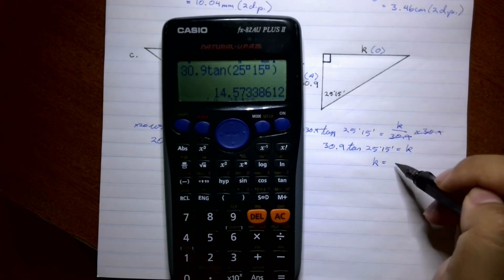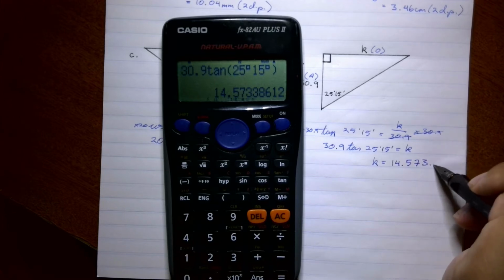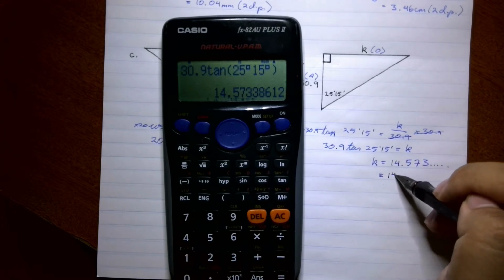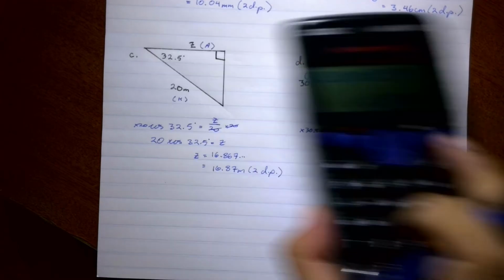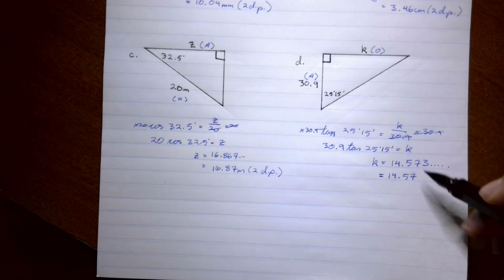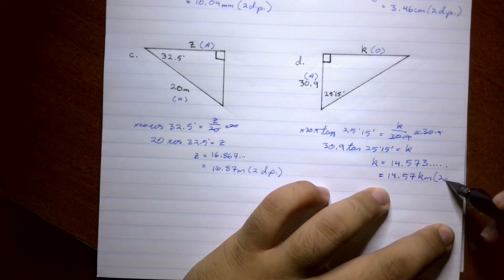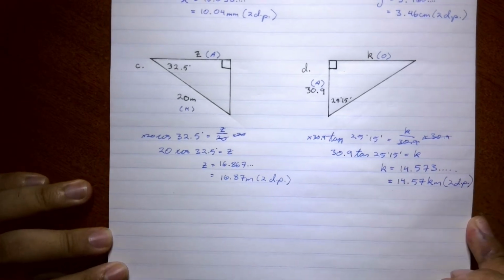That'll give us 14.573, rounding off to 2 decimal places, 14.57. Since we're increasing in length, our last one will be in kilometers. That's at 2 decimal places.